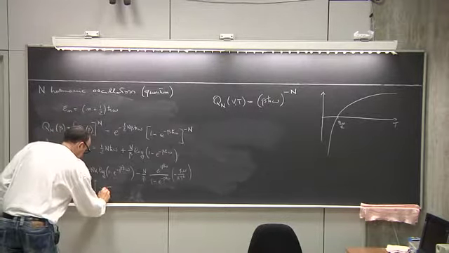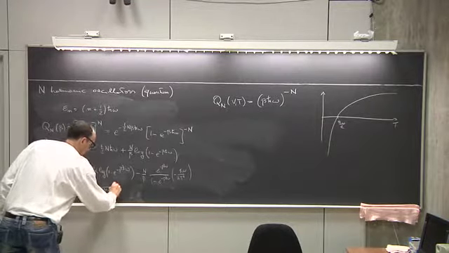So this is e to the beta h bar omega minus 1.